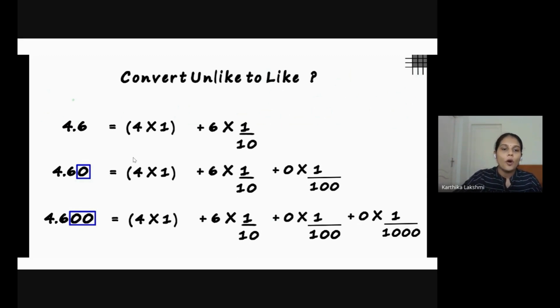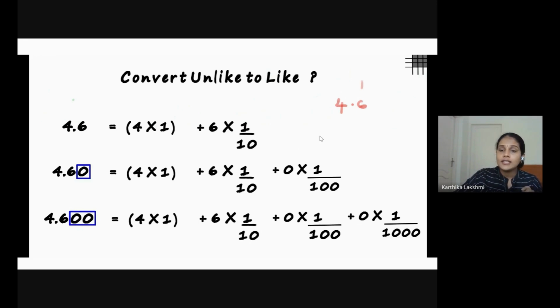Here you can see 4.6. Can you count the number of digits in the decimal part? Only one, the 6.